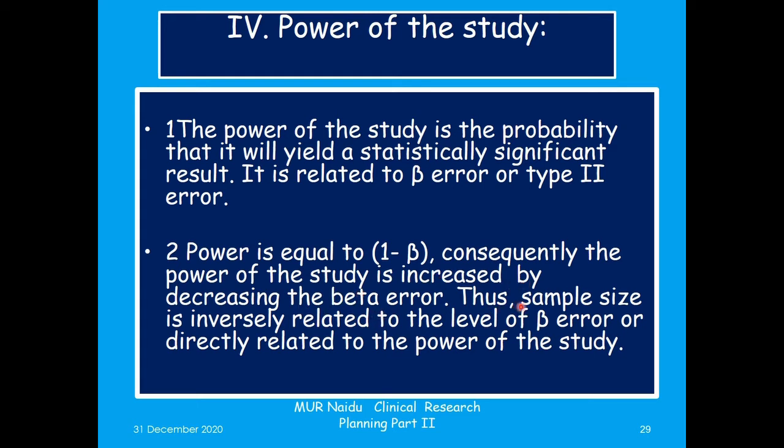Thus, the sample size is inversely related to the level of beta error or directly related to the power of the study. If you are decreasing the power of the study, naturally the number of samples required will also come down. Normally, in most clinical studies, the power of the study is usually kept at 80%.